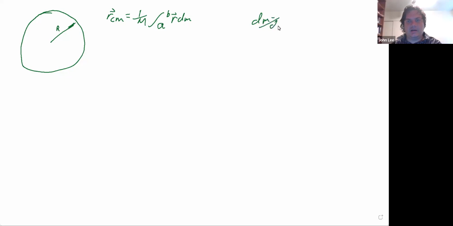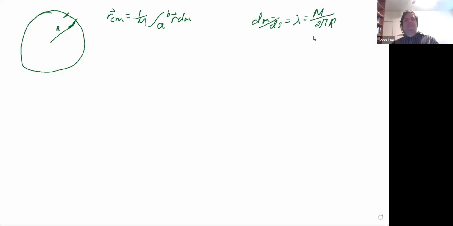d theta is equal to, or dm d some ds, which is the length along some unit quantity of the ring, the circumference of the ring, is equal to lambda, which is equal to m divided by 2 pi times r.